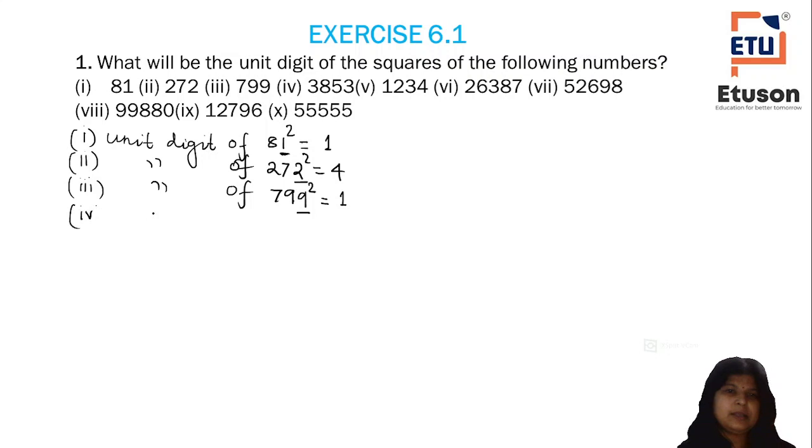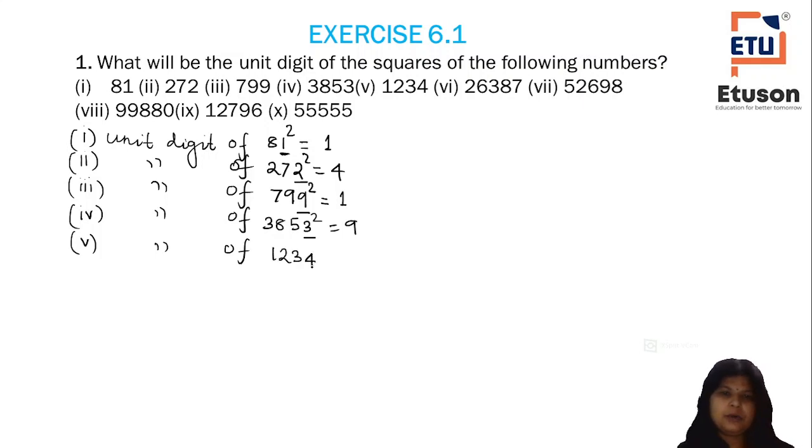Okay, then you have the number 3853. So you have 3 at its unit place. So in the square you will get 9 as the unit digit. Then you have unit digit of 1234 square. So you will get 6 at its unit place.